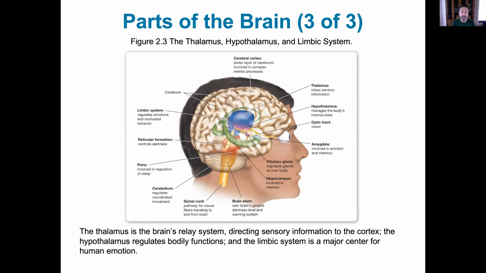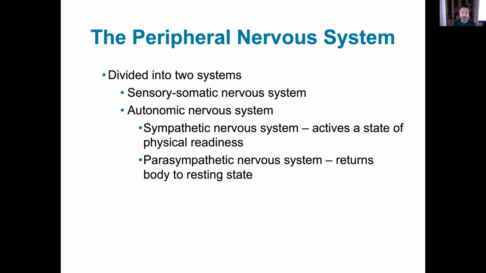The thalamus and the hypothalamus control a lot of our behavior, alertness, and relay a lot of the sensory information to the different parts of the limbic system and the cerebral cortex.